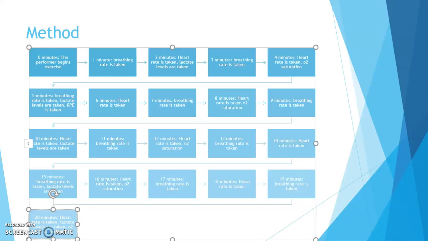So 4, 8, 12, 16. Blood lactate levels were taken at 2 minutes, 5 minutes, 10 minutes, 15 minutes, and 20 minutes. RPE was taken every 5 minutes, 5, 10, 15, etc.